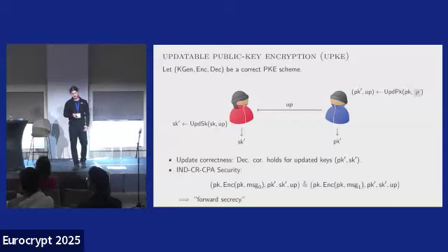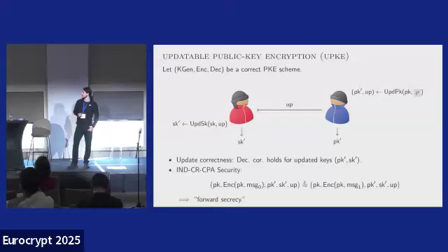The chosen randomness here refers to the adversarial capability that they get to essentially force the challenger to update the key pair with their chosen randomness. But as long as at least one update is honest, the old ciphertext should remain indistinguishable.